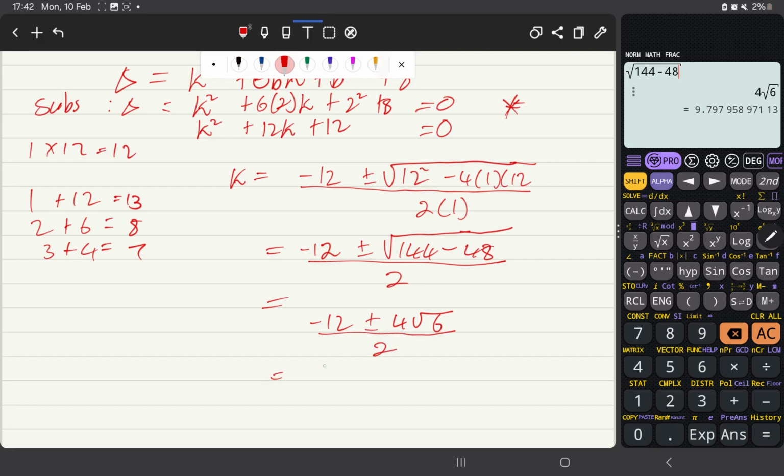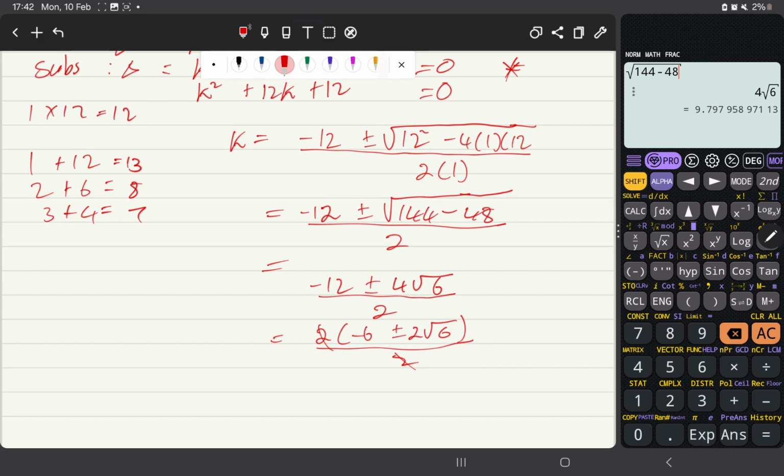I can take out 2 as a common factor: 2 times minus 6 plus or minus 2 root 6, and then I still have my 2. These 2s cancel out, and now k equals minus 6 plus 2 root 6, or k equals minus 6 minus 2 root 6. Yeah, bam, we are done.